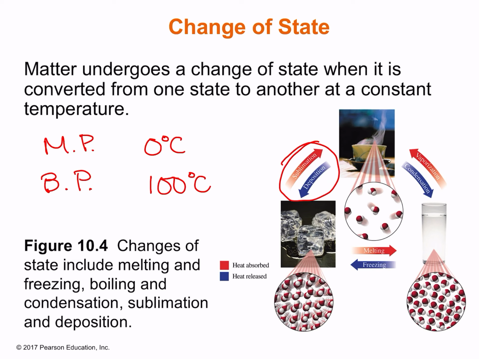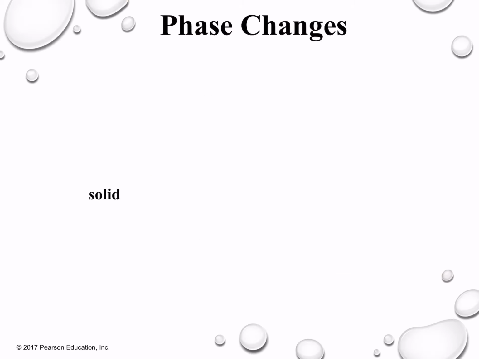That's if you bought some solid carbon dioxide, dry ice, that sublimes. It goes directly from a solid to a gas phase. And then deposition, you don't really see out in nature, but deposition would be going from a gas to a solid. We're not going to worry so much about those right now. We're going to deal more with melting and freezing and vaporizing and condensing.